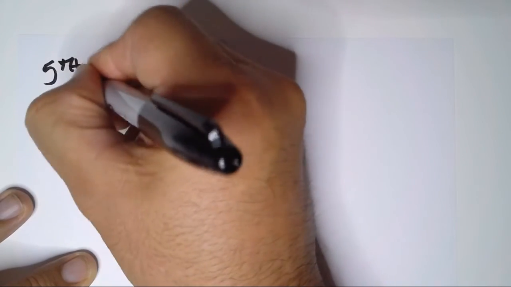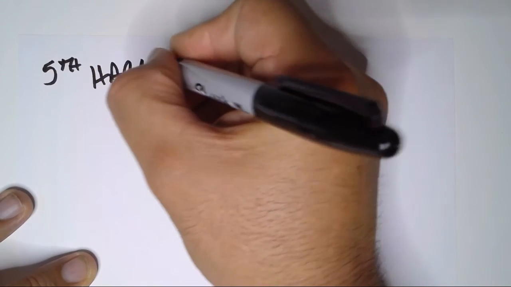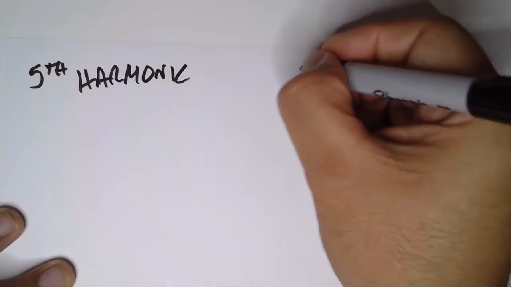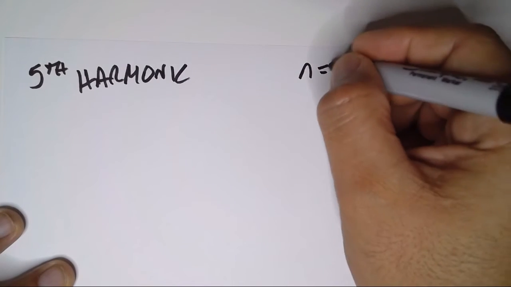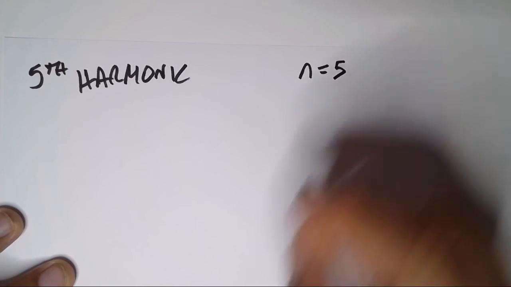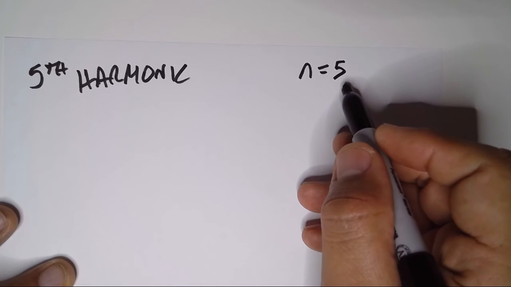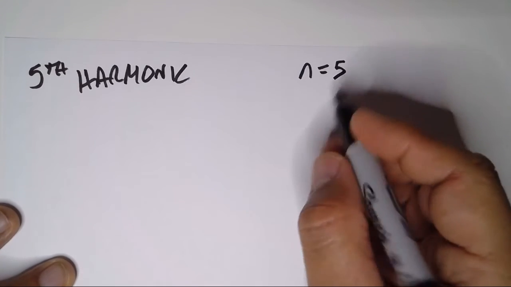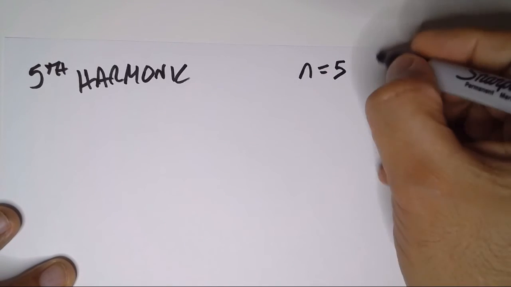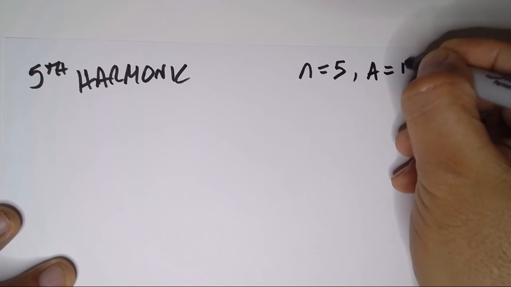Now let's do one more, which is going to be the fifth harmonic. We can keep going on and on all the way to infinity, but we're not going to do that. We'll work the fifth harmonic. Our amplitude is equal to 12.